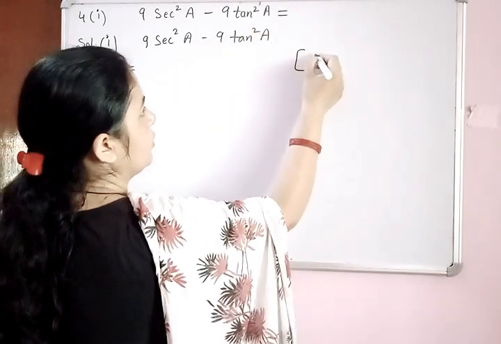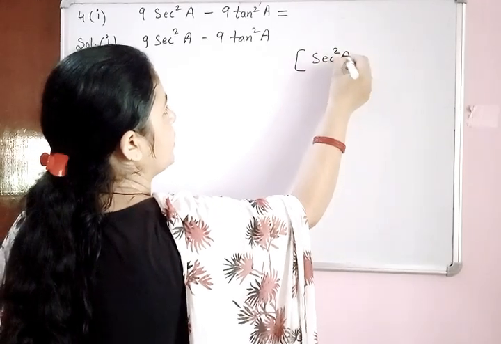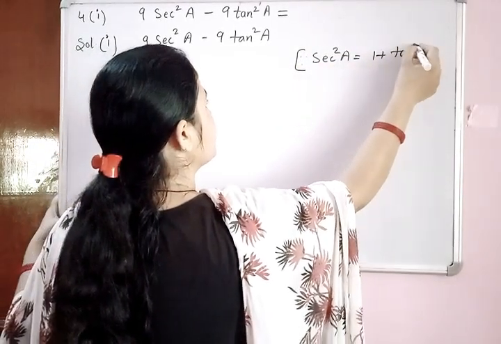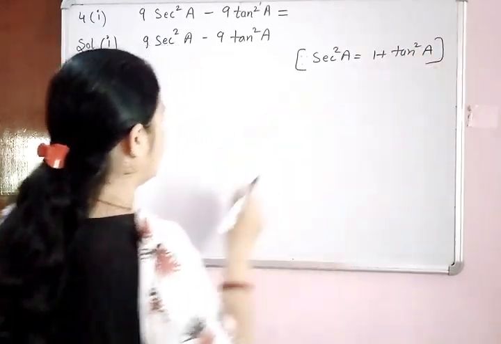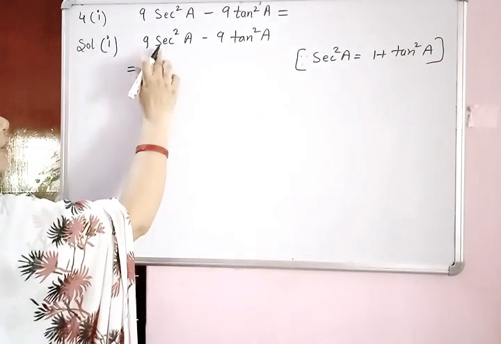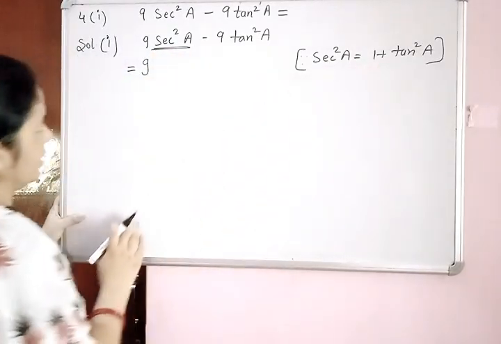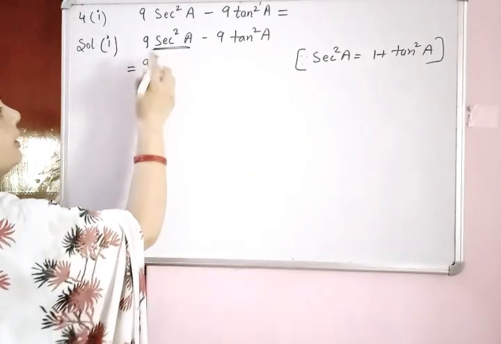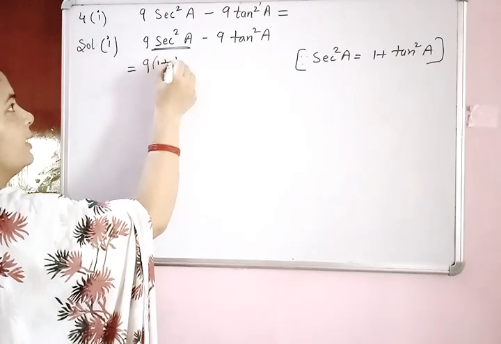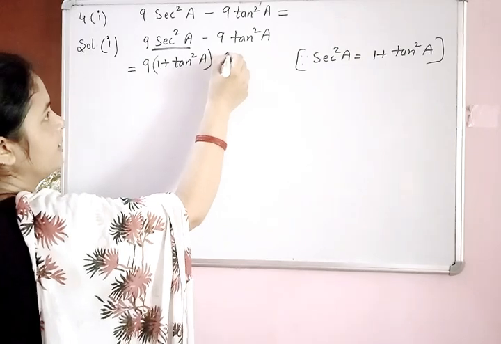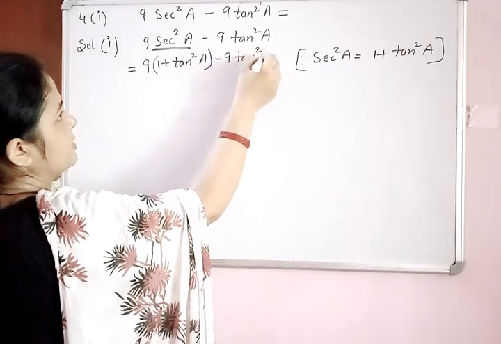Now since we know the identity, sec square a is equal to 1 plus tan square a, in the place of sec square a, I can write 1 plus tan square a. So 9 multiplied by 1 plus tan square a, bracket close, then minus 9 tan square a.